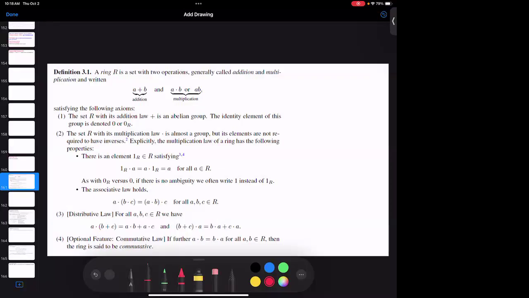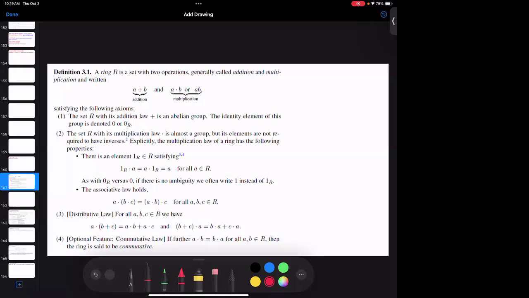So the set R with its addition law plus is an abelian group. The identity element is denoted by either 0 or 0 with the subscript R. So we are insisting that addition is commutative. The set R with its multiplication law is almost a group, but its elements are not required to have inverses.